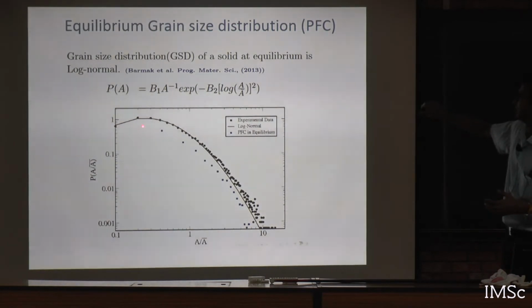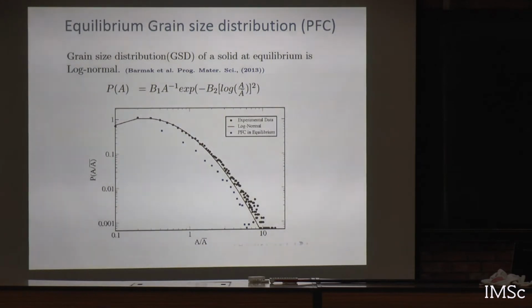Because their data matches the curve, they take that as validation. What we get is, at least for these scales, almost parallel to that. Whether it is log normal or not is a different question. This is a validation for our PFC code.